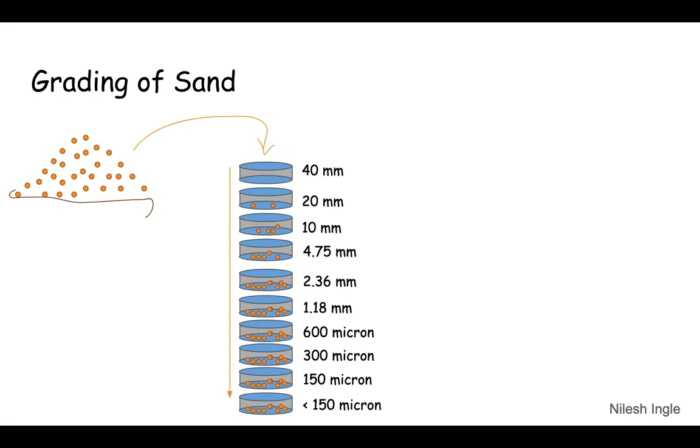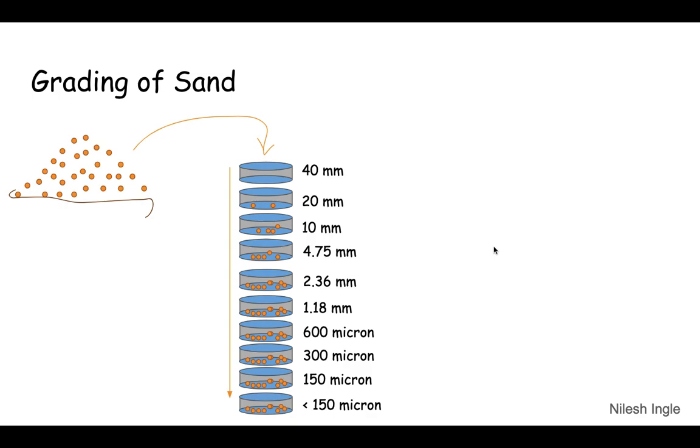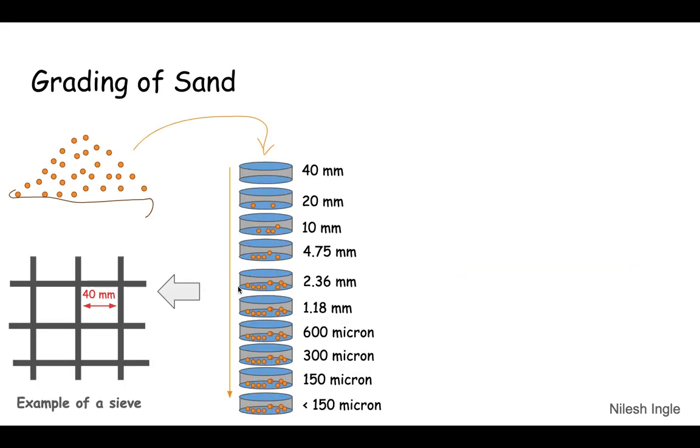Well, it starts with grading the sand, and as you can see in this picture, there are several sieves shown one on top of each other. Each of those sieves contains a mesh that has a specific opening, and if the particles of sand are smaller than that opening, they'll pass through the sieve, otherwise they'll get stuck there.